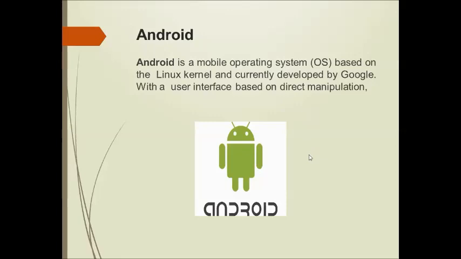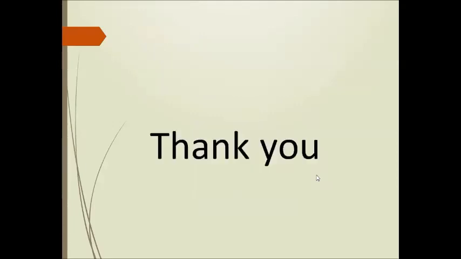So pwede rin siyang Android TV, cars, Android Auto, and wristwatch, Android Wear. So this is the logo for the Android. In our module, isa lang yung provided example of the mobile operating system, and that is the Android. So that would be all for the topic.